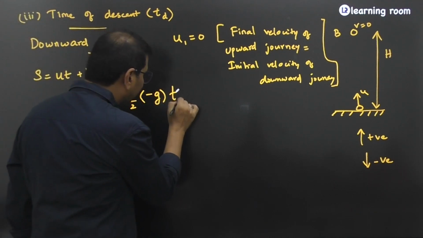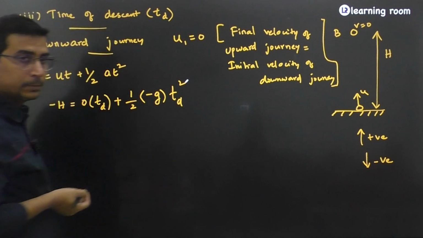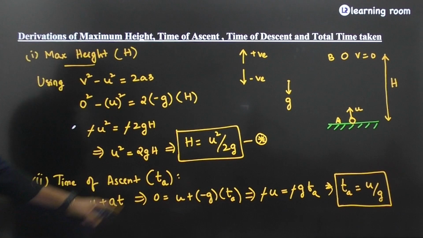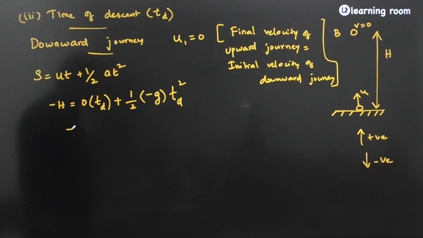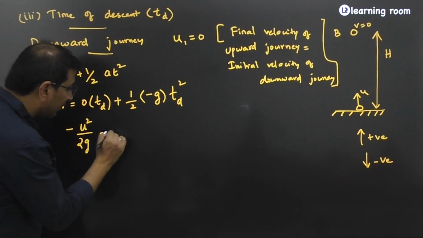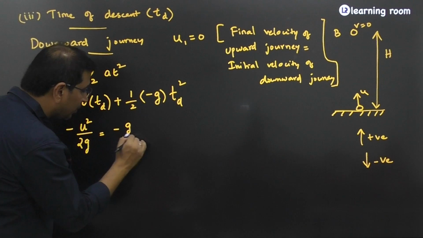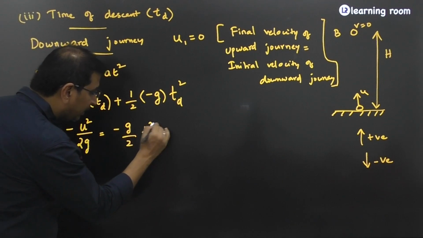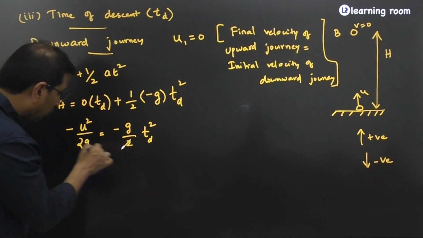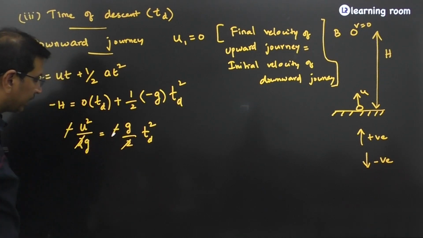So what should I write in the place of t? I'll write td square. So minus, I know the value of h. H is u square divided by 2g. So minus u square divided by 2g is equal to minus g by 2 into td square. Correct? So 2 and 2 are gone, negative and negative get cancelled.